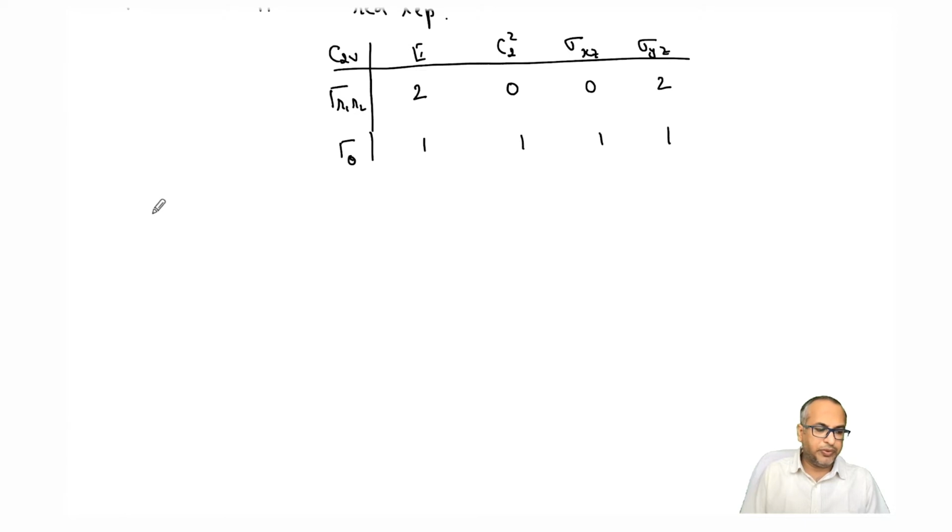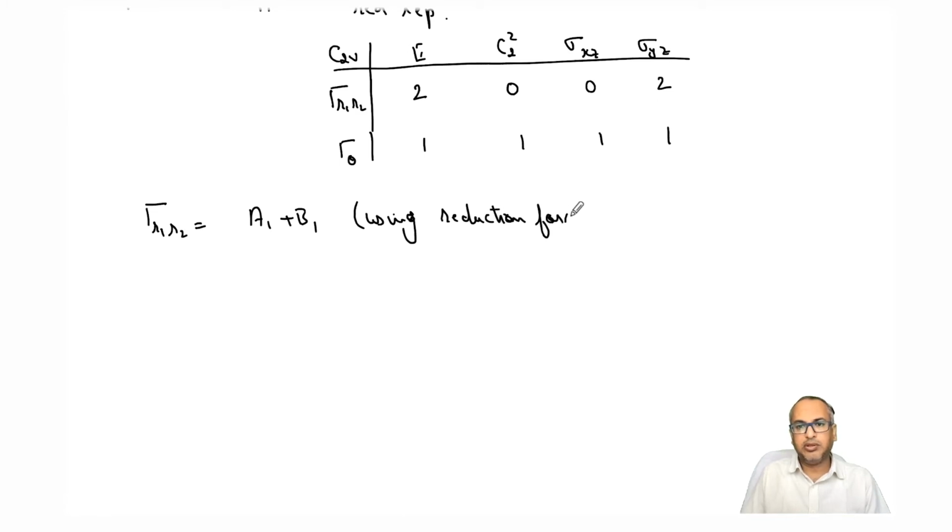So we can say gamma R1, R2 is equal to A1 plus B1 using the reduction formula. I'm sure you all know how to do this now, so we are not going into the details. Similarly, gamma delta theta is equal to A1. That is very clear from here itself. By looking at the character table, you know that this is the totally symmetric representation.